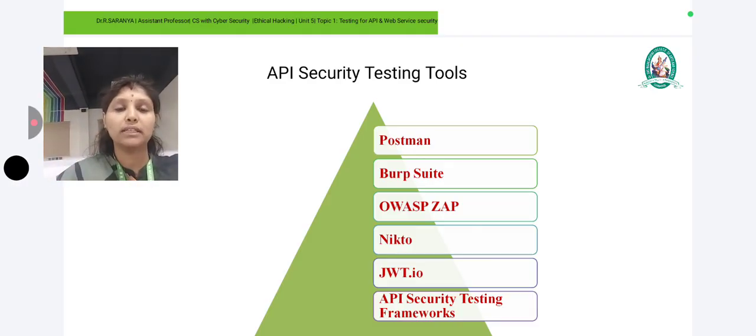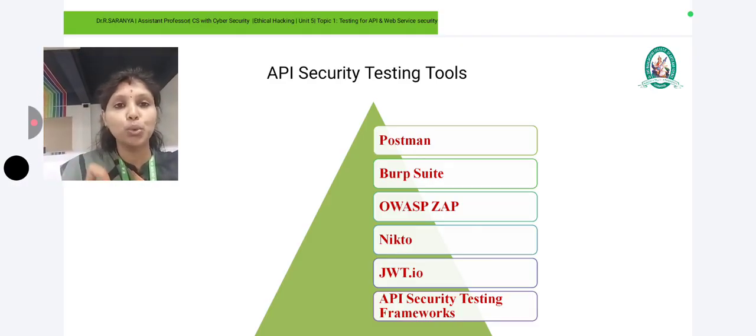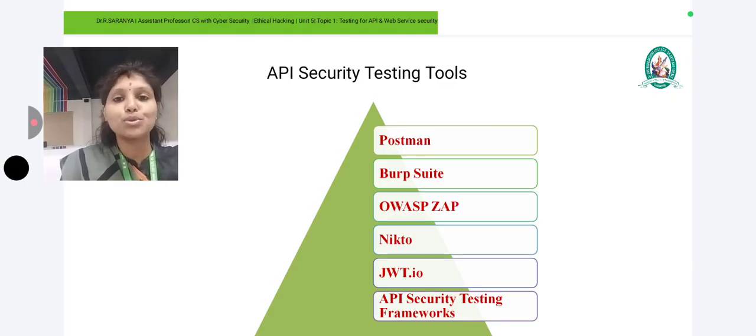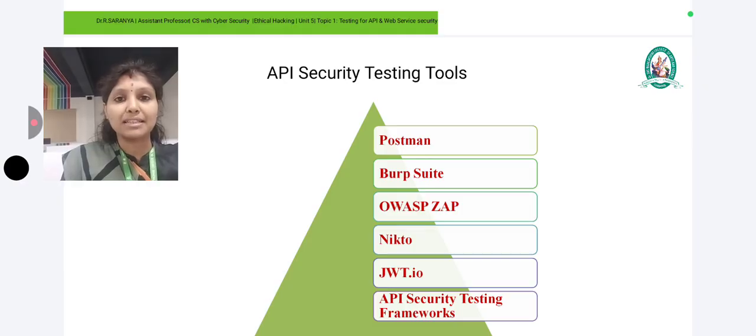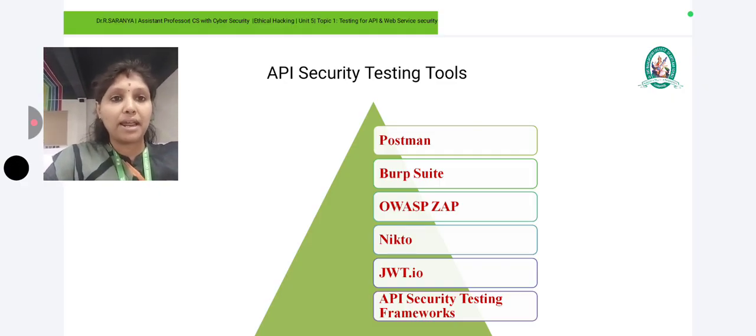These are the important tools among the API in order to secure the online services, or else we used to say the web services. The first thing is Postman, that unauthorized access as well as authentication issues are tackled with the help of the tool called Postman in API security in order to secure the application programming interface.